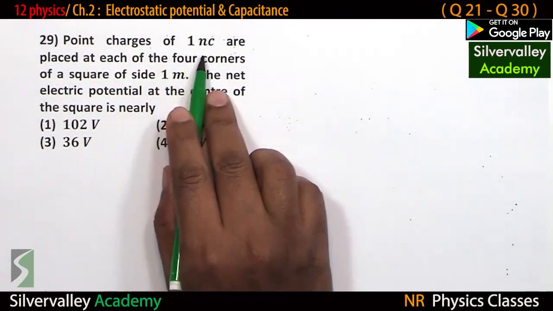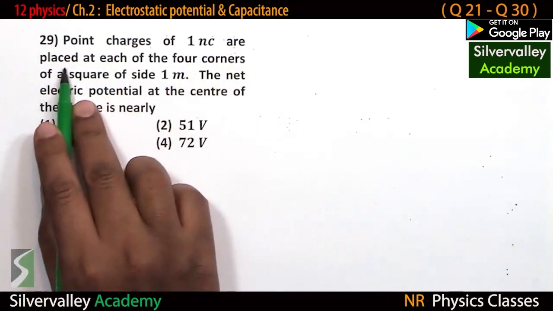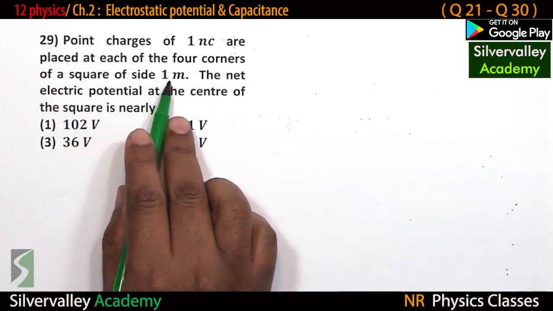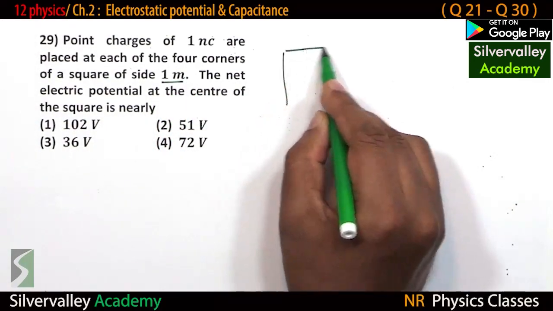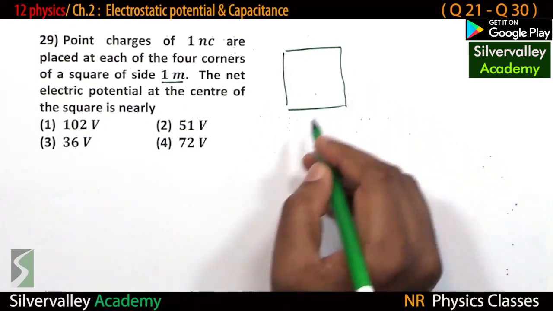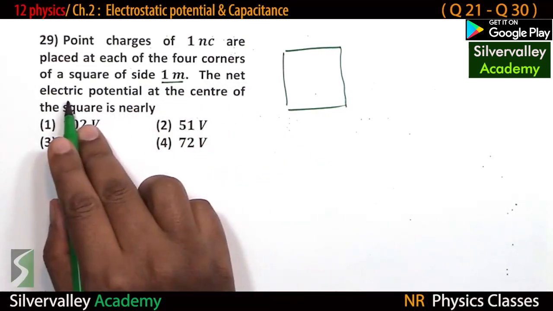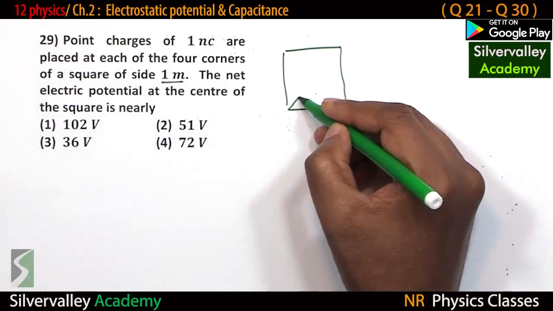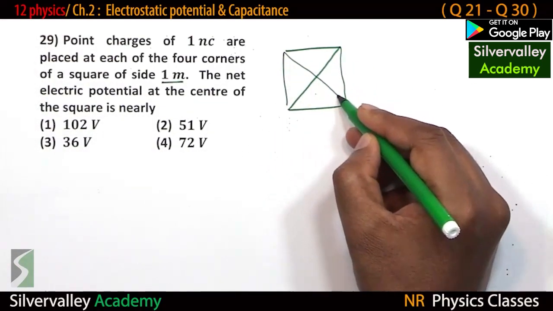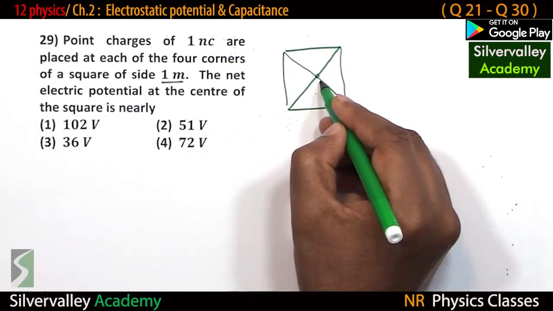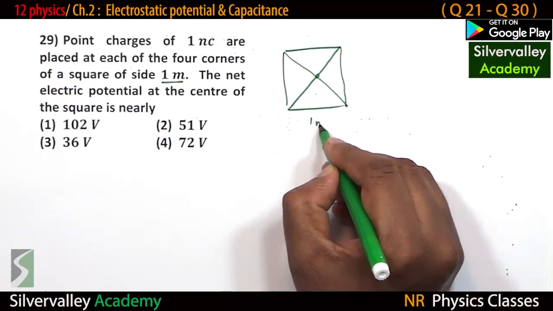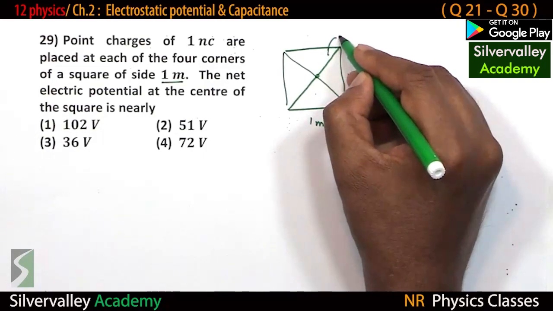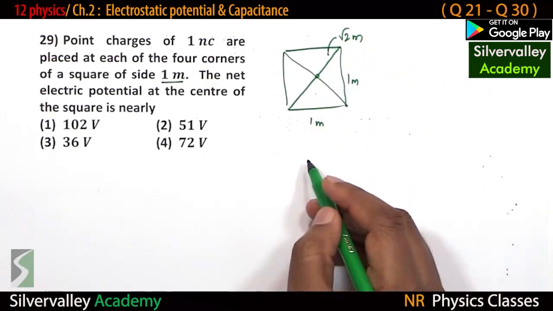Point charges of 1 nanocoulomb are placed at each of the four corners of a square of side 1 meter. The net electric potential at the center of the square is nearly... At the center, 1 meter, 1 meter, therefore the diagonal is root 2 meter, isn't it?